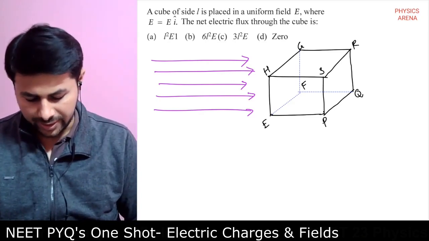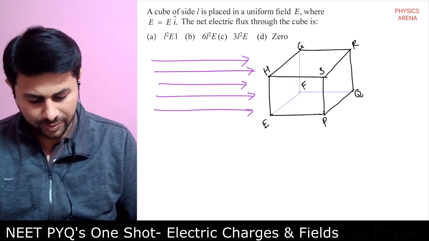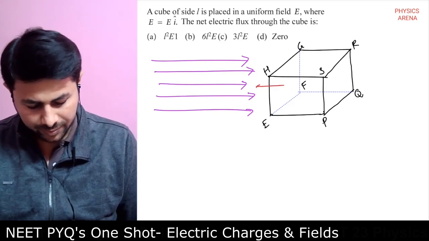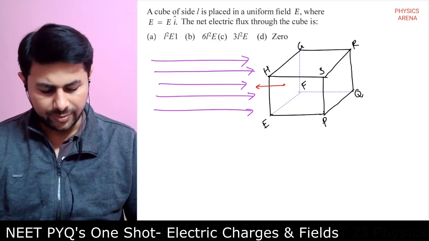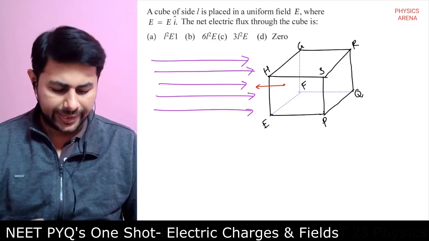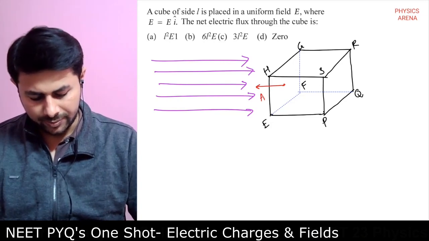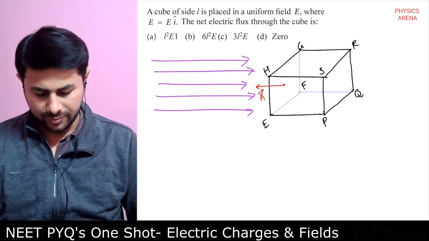So what is the direction here? The direction is like this. This is the area EFGH. So this is A bar.